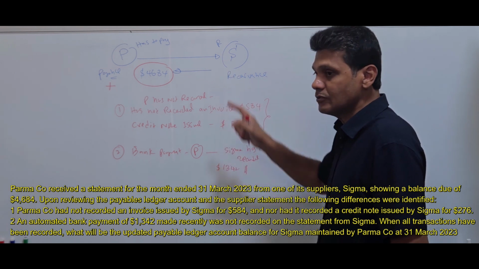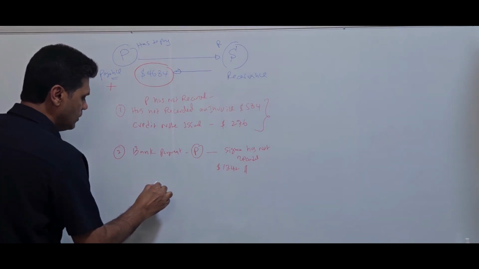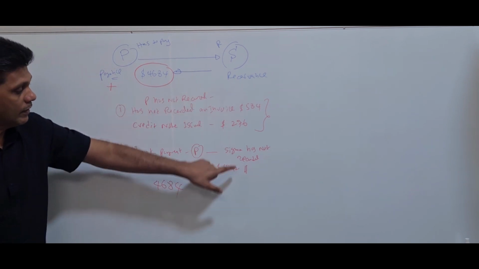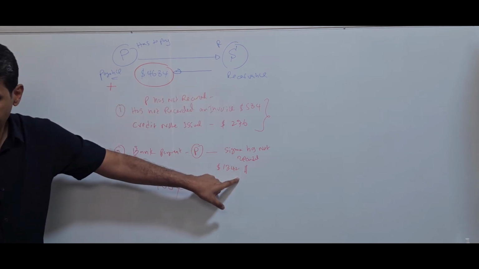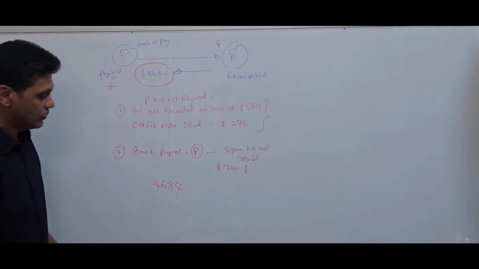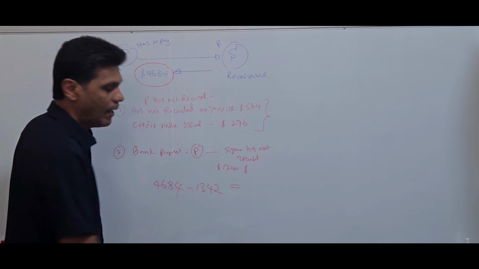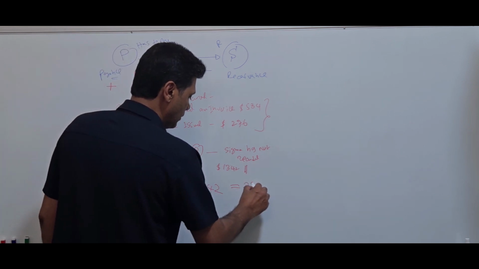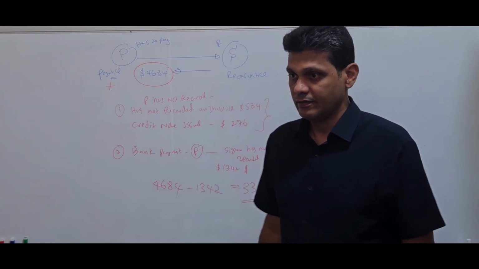Only thing is he has not recorded it. So from 4684, if he has not recorded this 1342, he has to record it. He has collected this money, right? So he has to deduct it. So he should deduct this 1342. How much should be the balance? 3,342. Is that clear?